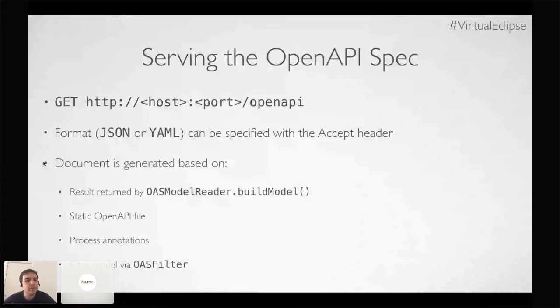In the specification, you have some text that describes that in more detail, but this is really like, first, this model reader is used, and by default, I think that you have an empty model that is created. Then you have the file, then you have the annotation, and you can also interact with the result with a filter that you can provide. So it's really this order.